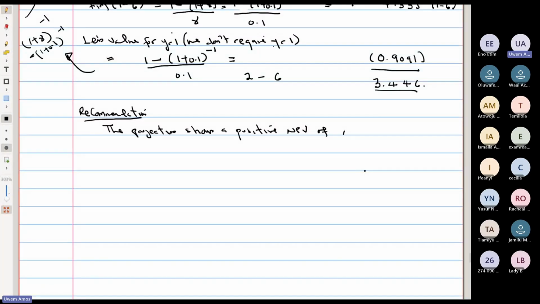Positive NPV of 2848 million. We took off the three zeros earlier, so it's written as millions. And as such, it should be undertaken.